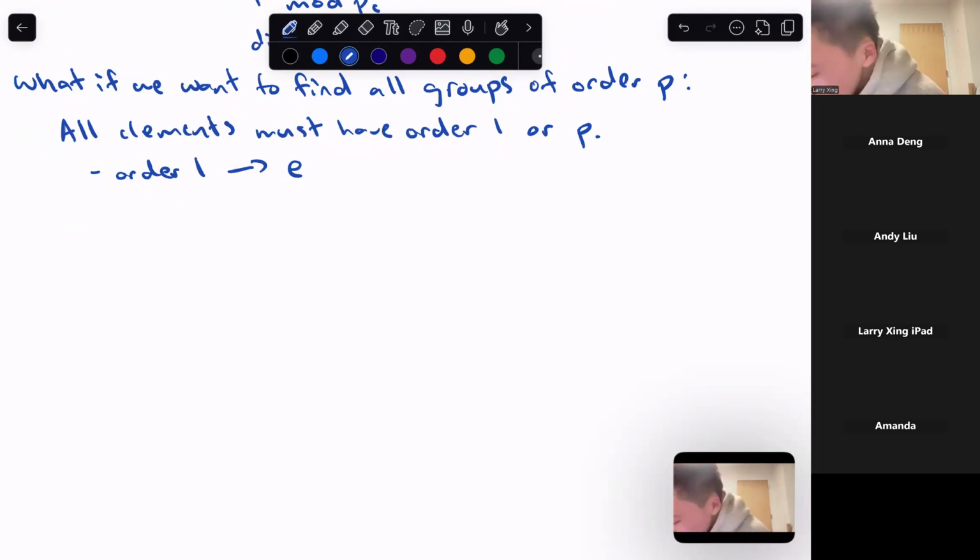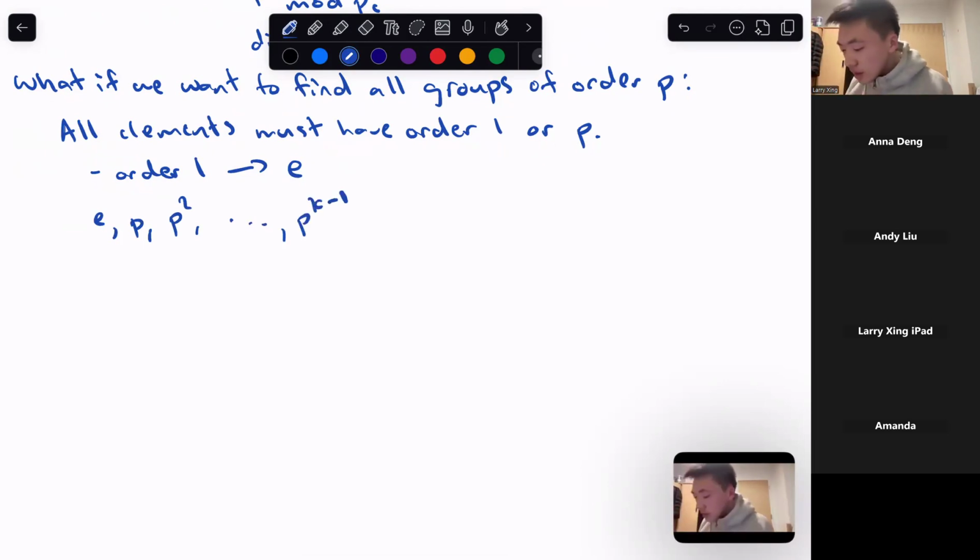But if we have a single other element with order p, then we can actually generate the whole group because remember, e, g, g squared, ..., g to the k minus 1 is a subgroup of G, right? But this has p elements.